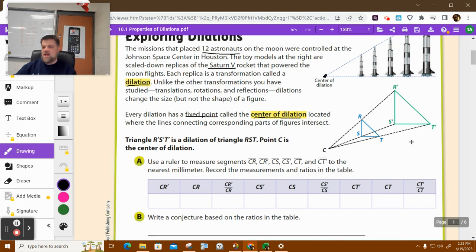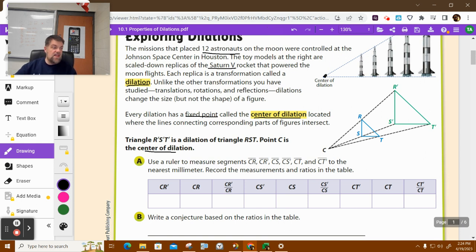For example, if I have two triangles, RST and R prime, S prime, T prime, and I draw a line from R prime to R, S prime to S, T prime to T, they're going to converge on a point C, which we consider the center of dilation. Just by drawing a line from the primes to the originals, that's what we get.